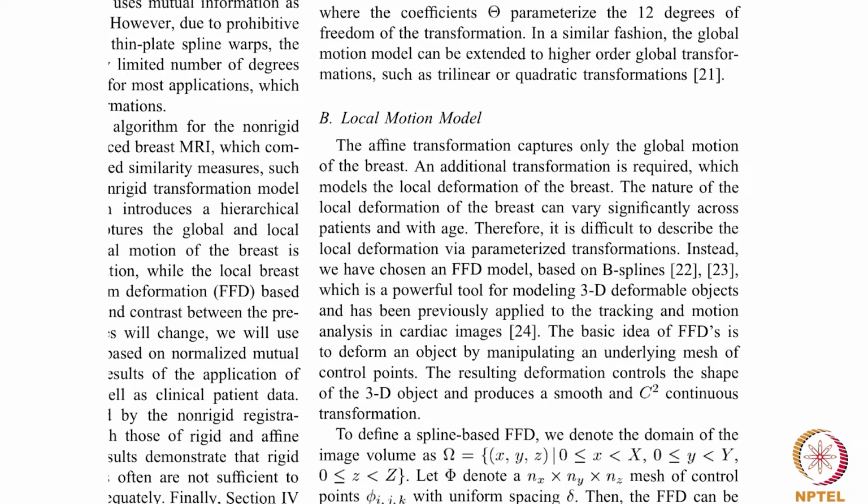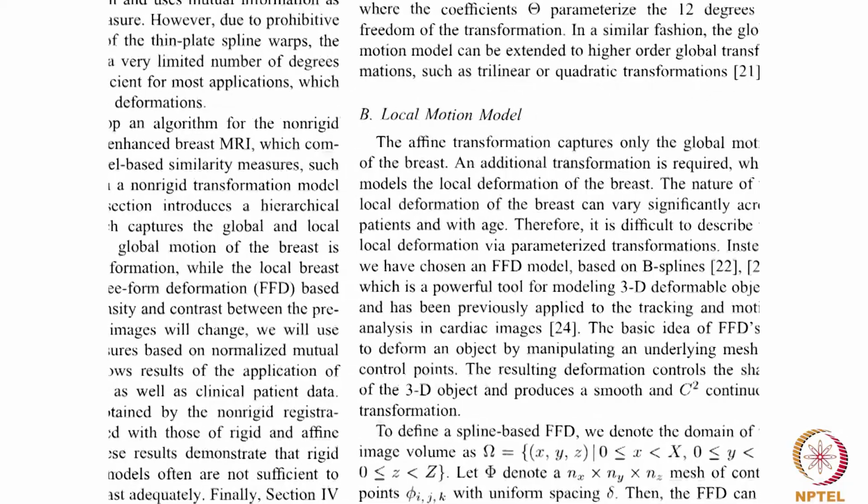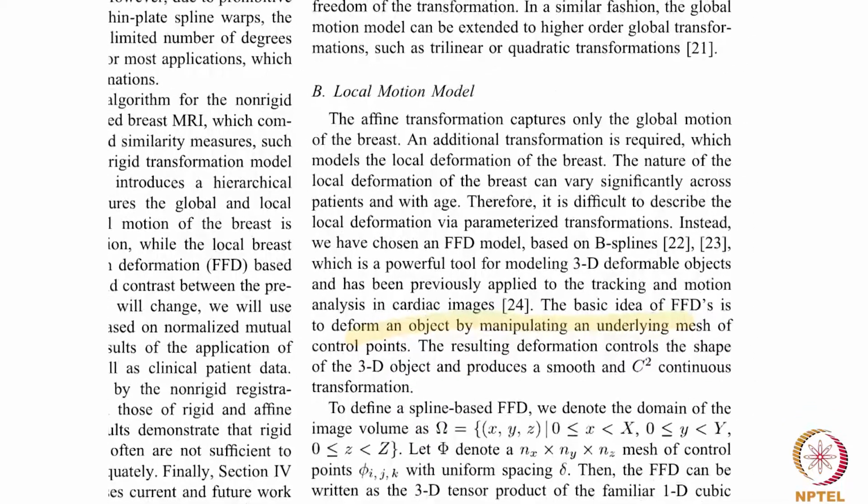These are B-spline control points, and then they are used to interpolate the deformations to the rest of the pixels. Okay, so the basic idea is you deform the object, as it states here, by manipulating an underlying mesh of control points. So the control points are where the deformations are estimated, and then B-spline curves are used to interpolate it everywhere.